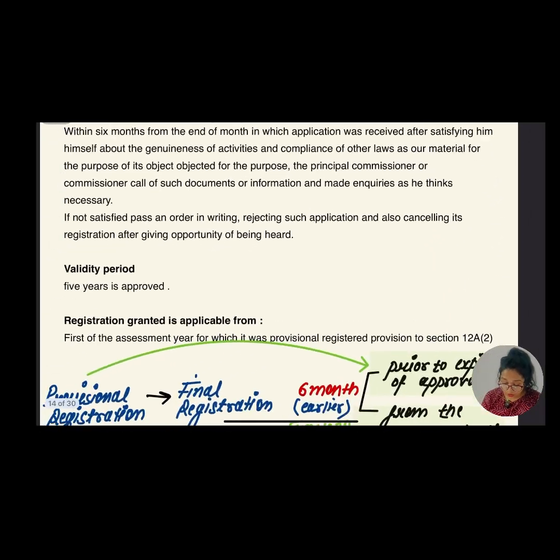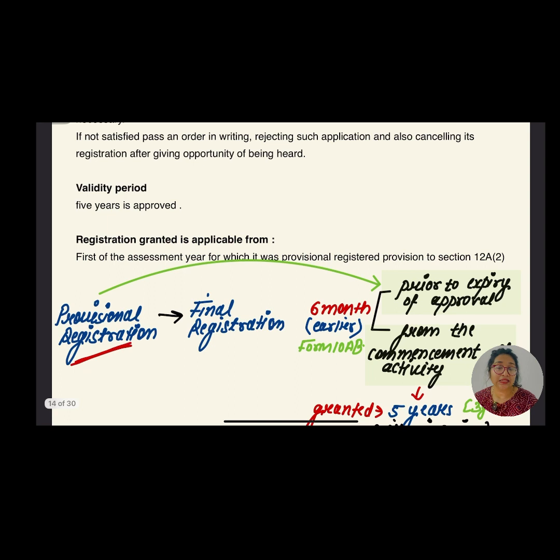Once the trust has entered the provisional registration period, the final registration is to be done, but the application is sent within how much time period? And within how much time period is the Principal Commissioner going to grant the registration? Let's check it. Provisional registration means the next step is going to be final registration.